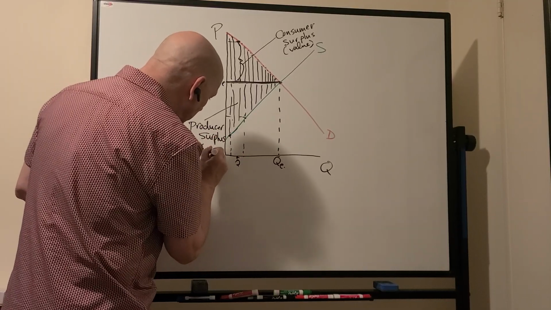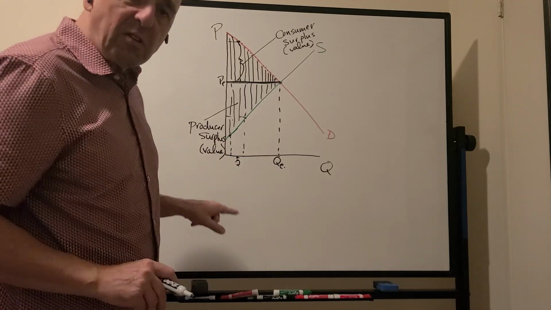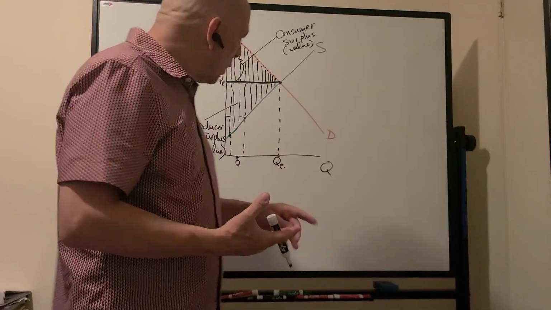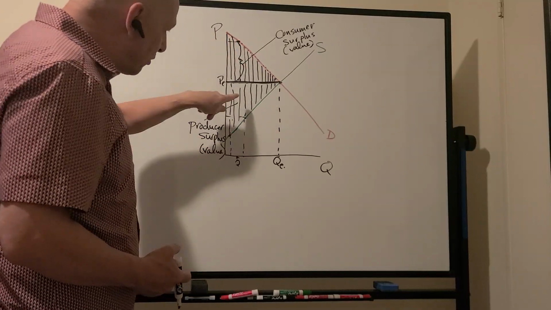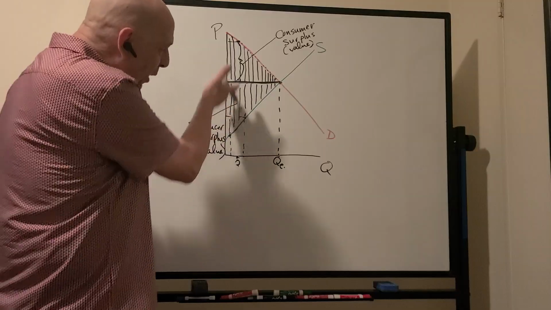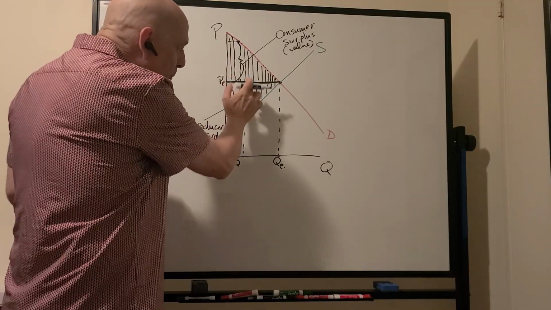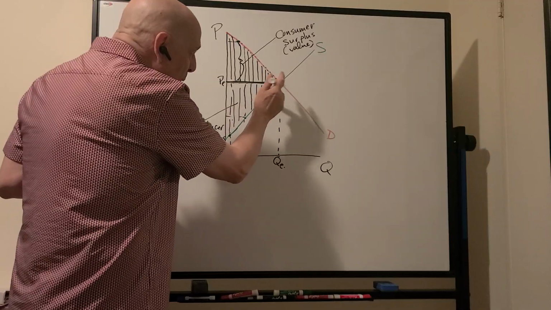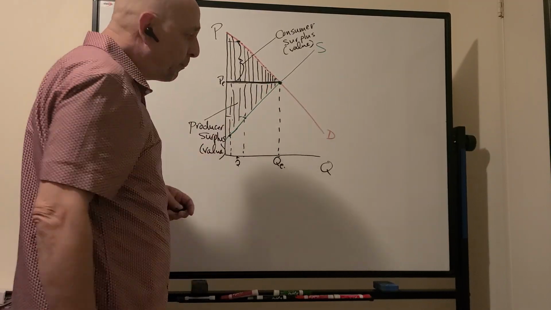And again, I'm going to put the word value in parentheses here to indicate that when you look at this consumer surplus value and producer surplus value, it's additional value. We would have produced at this price, but we are actually getting this price. So we're getting so much more than we would have been able to produce until we reach the equilibrium.